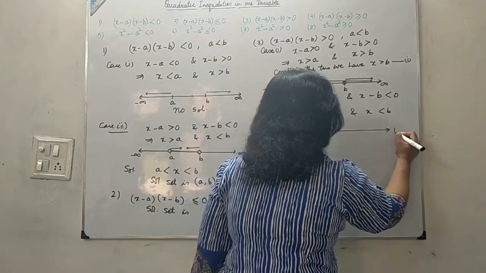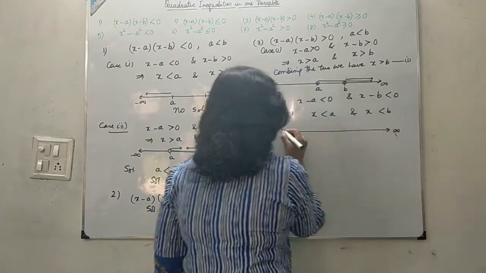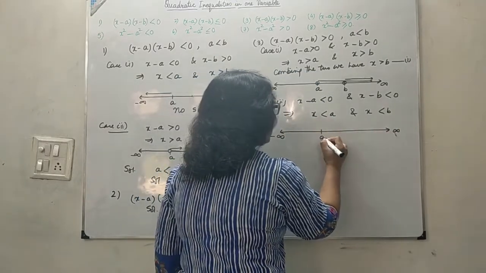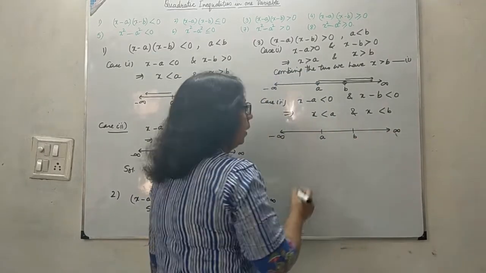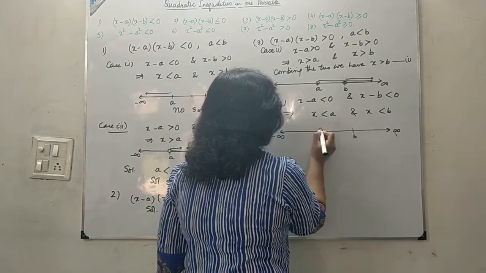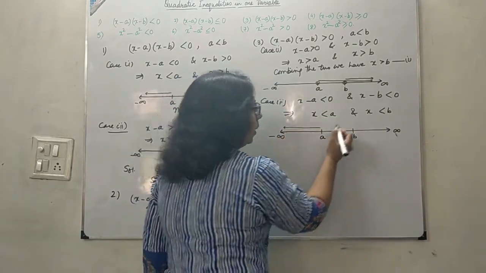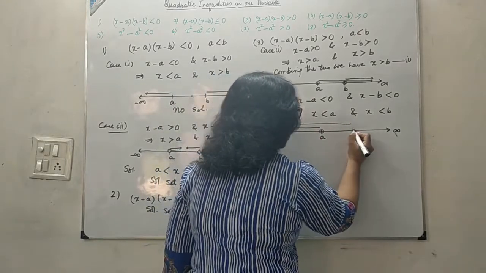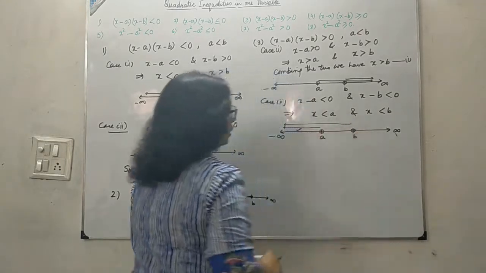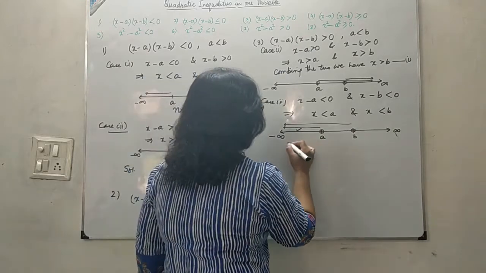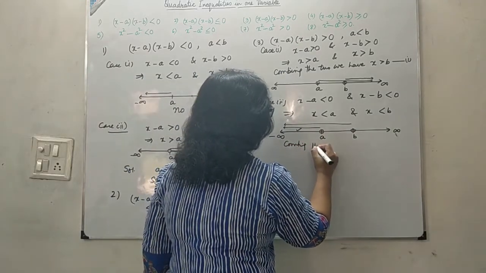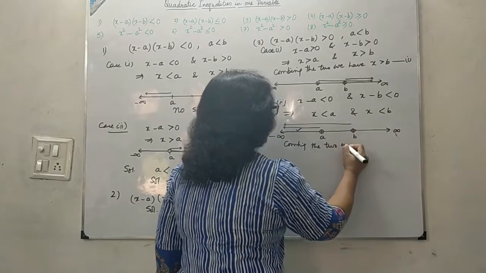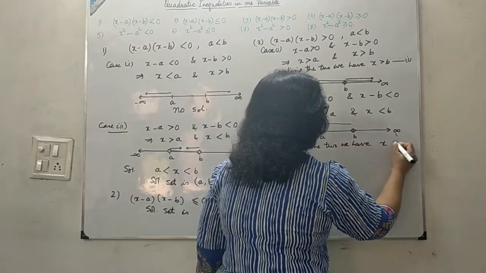Again, a is smaller than b. So we have on the number line a and b somewhere here. Because the solution is less than a from here and less than b from here, now you can see the combining part. The common one is this part. So combining the two, we have x less than a.